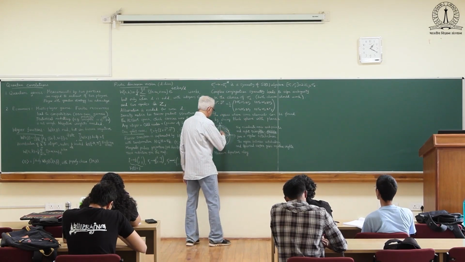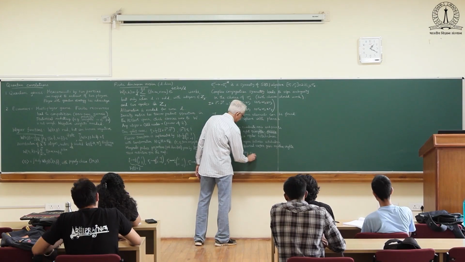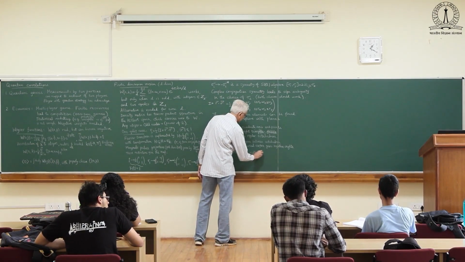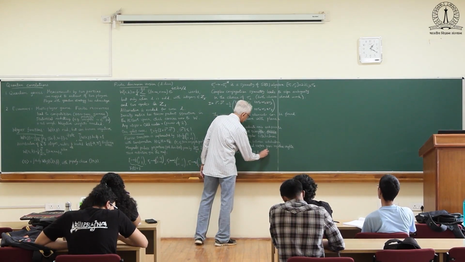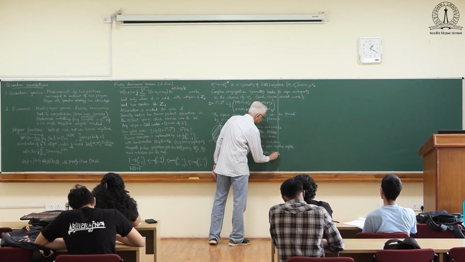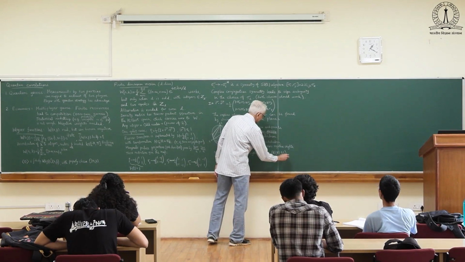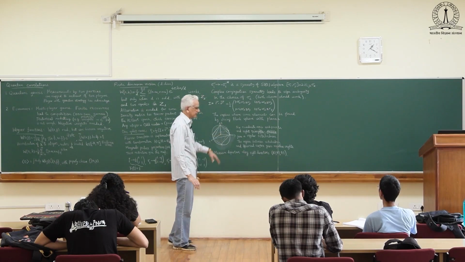There are 8 directions, there are 8 triangles sitting here, and they can be easily labeled whatever they are. All 3 coordinates are equal up to a sign.